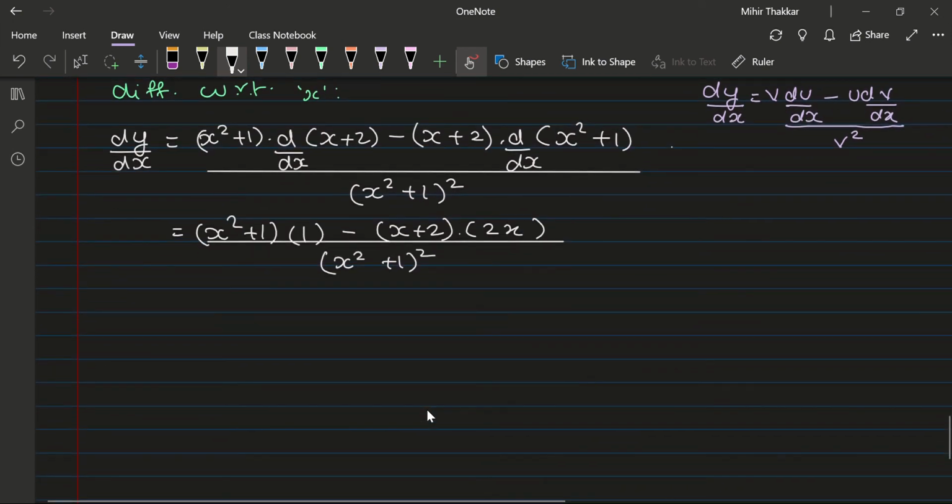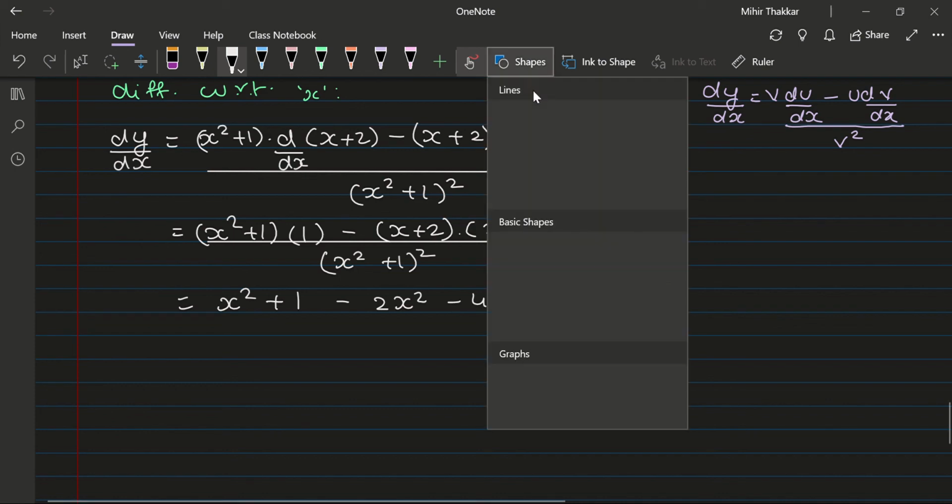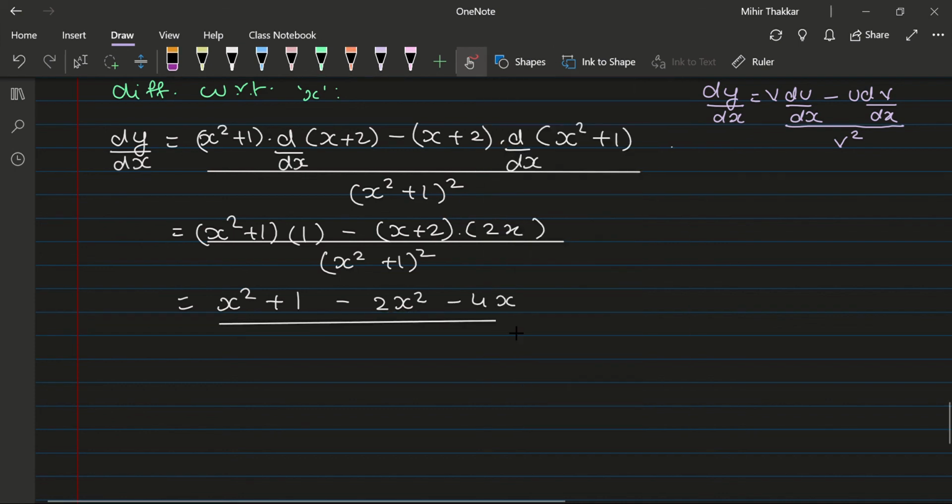So then when we open the brackets, x square plus 1 is already positive, so not an issue. Minus x into 2x, that will be minus 2x square, minus 2 into 2x, that will be minus 4x. And once again the denominator has to remain over there, x square plus 1 the whole square.